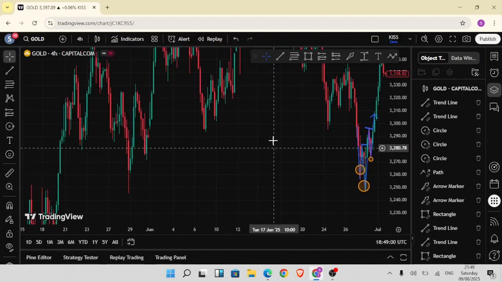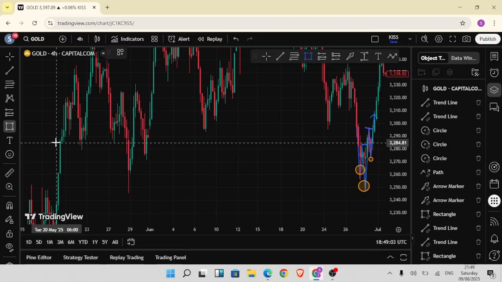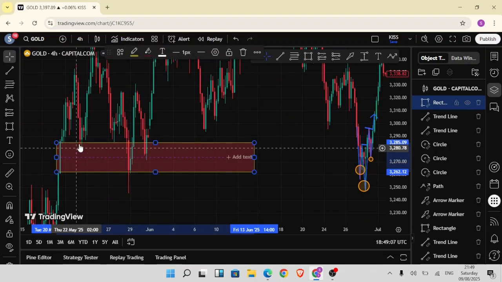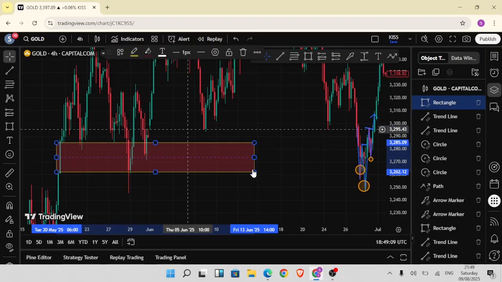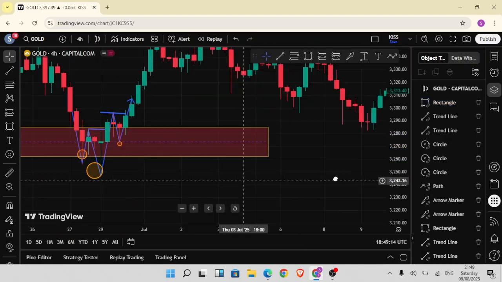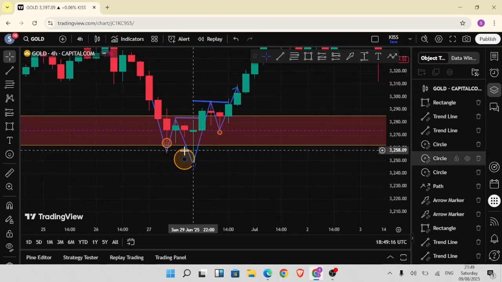I think we do have one. This fair value gap right here. Price reacts off it the first time, the second time, the third time, and most likely it is reacting off it the 4th time right here.